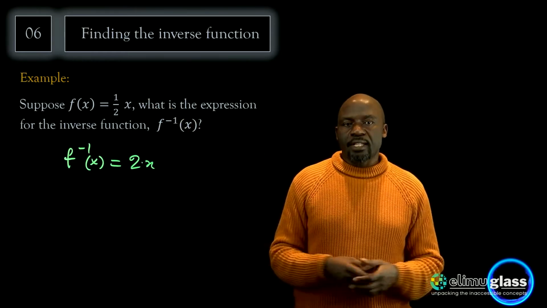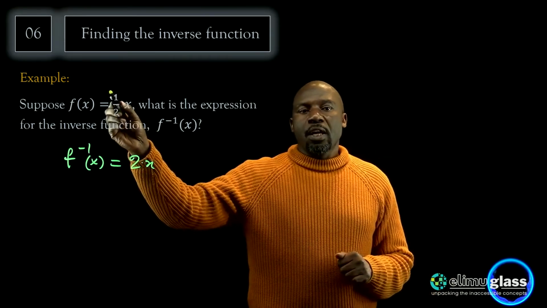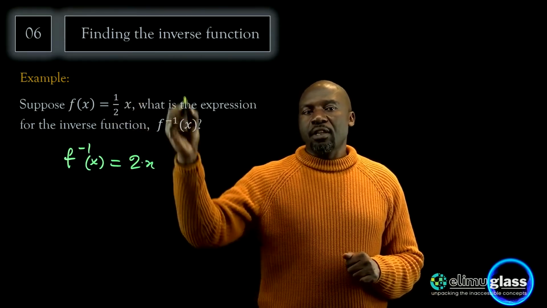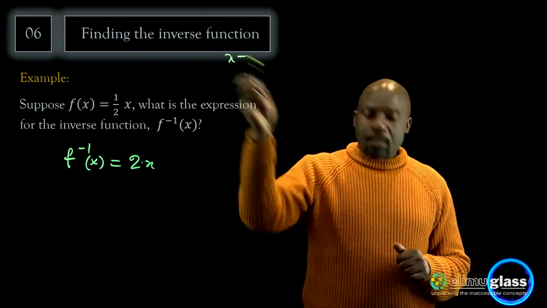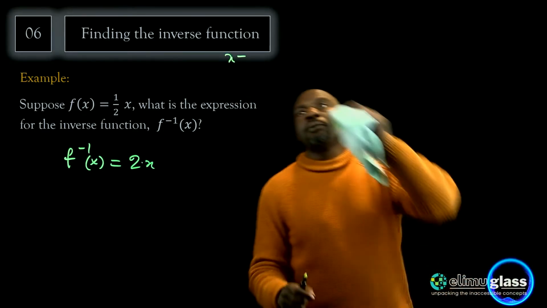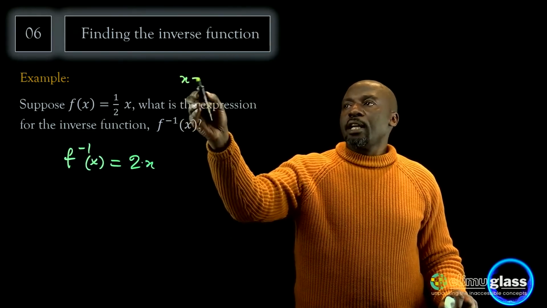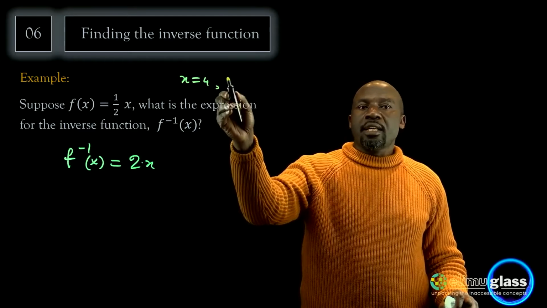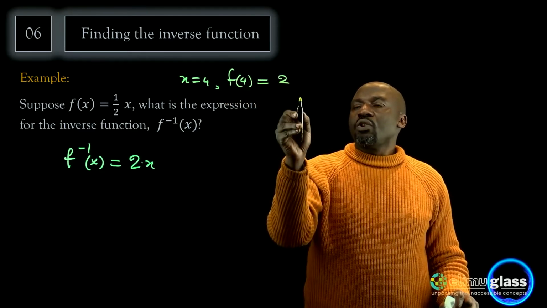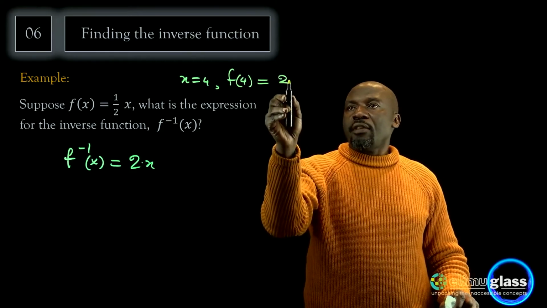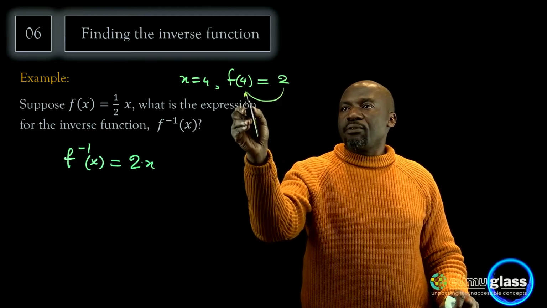Okay, so since we are dividing by 2, we must multiply by 2 to get the inverse of that function there. And it makes sense because let x be 4. If x is 4, then a half x is giving us 2. So suppose that x is 4, then it means f of 4 is 2. So we want a function that will take 2. If we put in 2, we should get back 4.